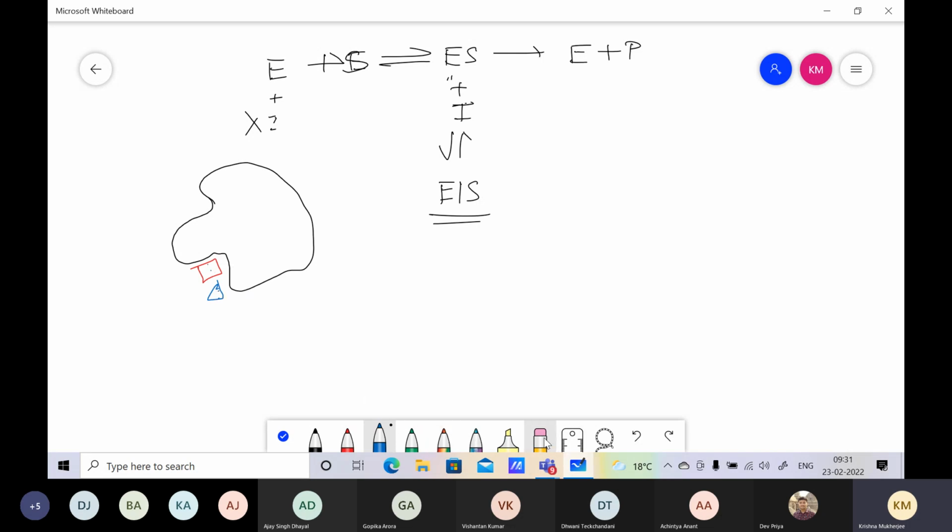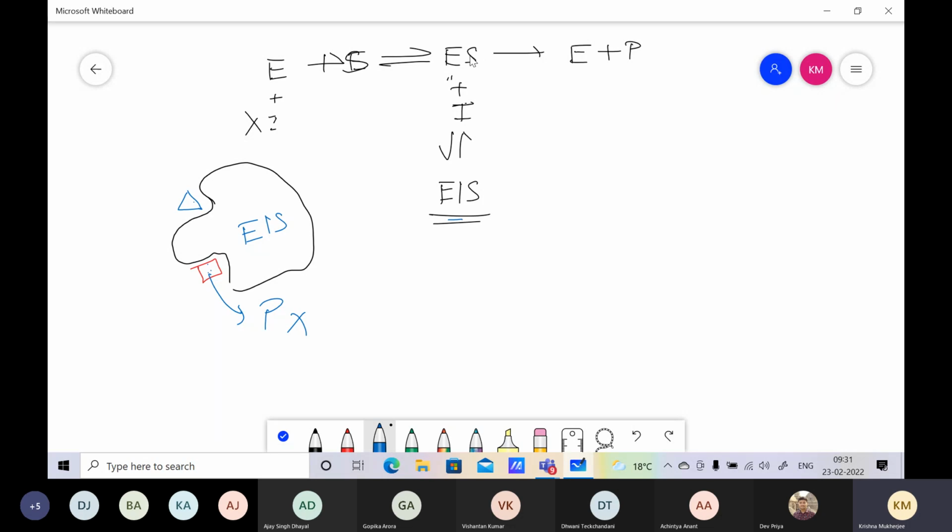But now we have a different situation where the inhibitor is binding at this point. So this is the EIS complex here. And if this binds here, then this no longer can make product.